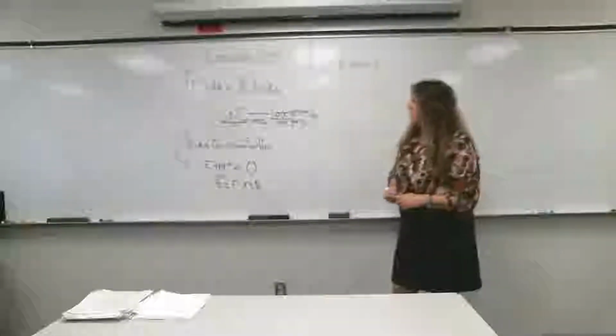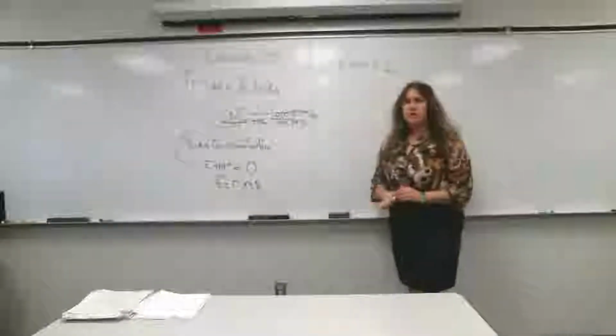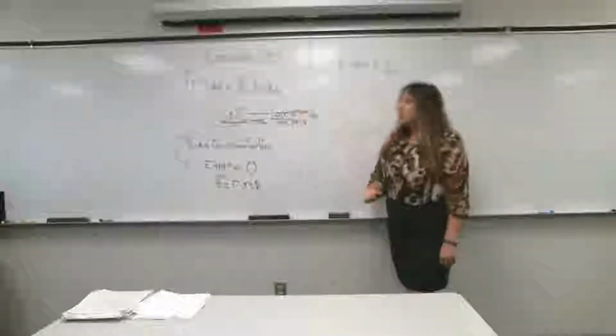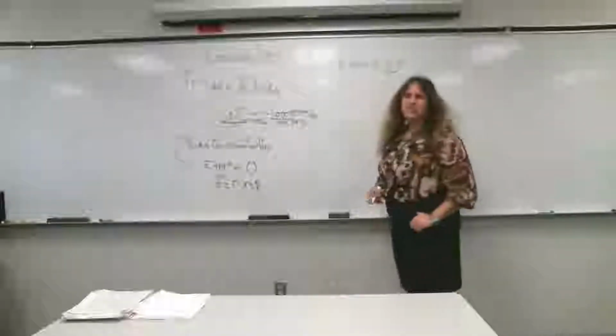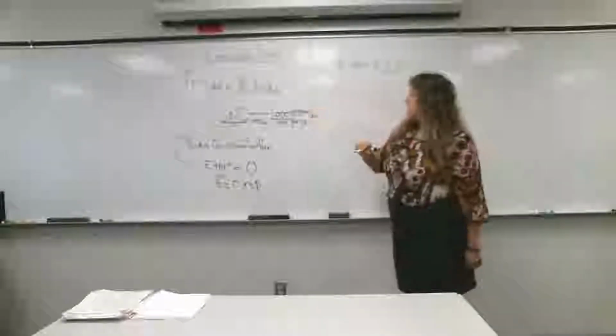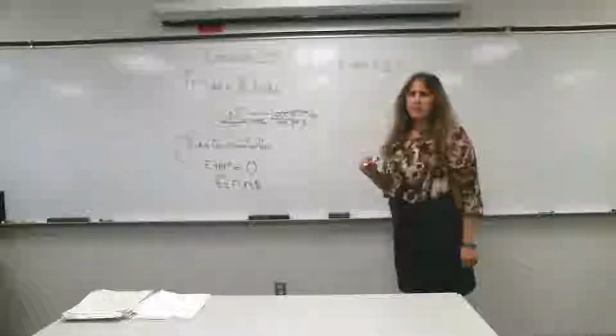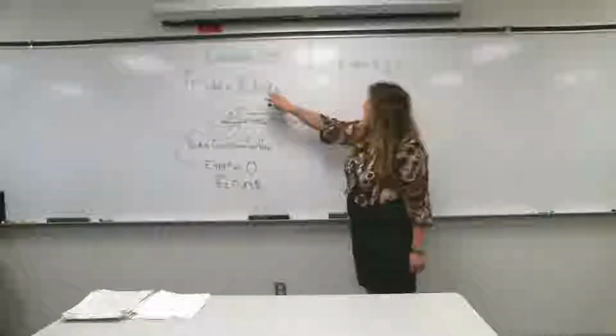On the right-hand side, I have 1 over epsilon naught. There is charge within that Gaussian surface, so sigma can be pulled right out because it's constant. And I have the surface area of my conducting sphere. Remember, when you're calculating this, this is where the charge is.